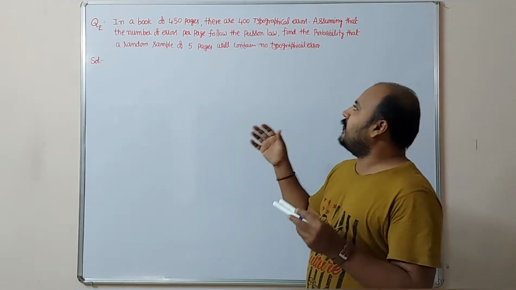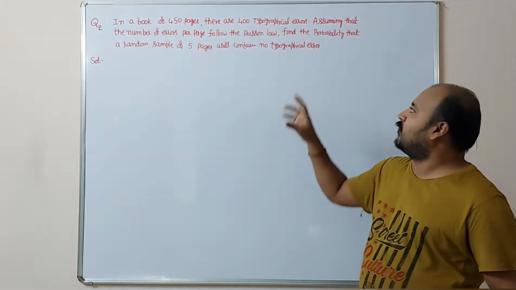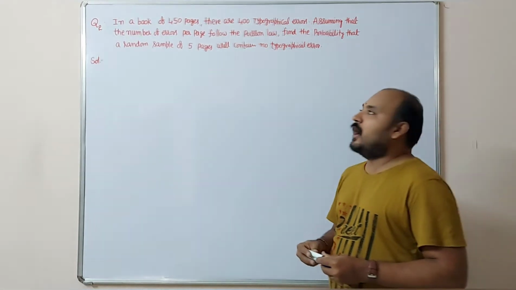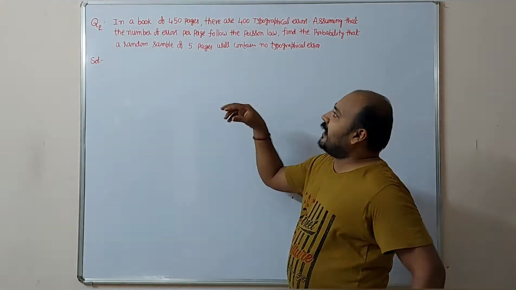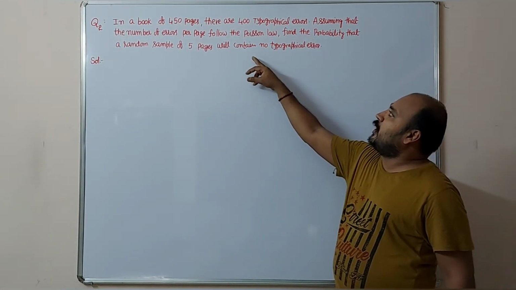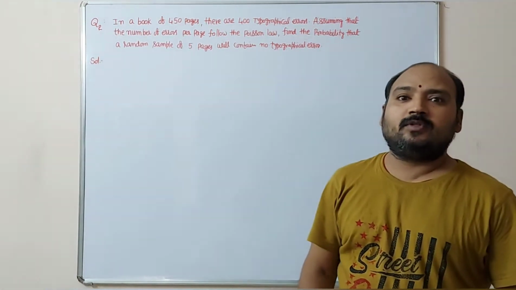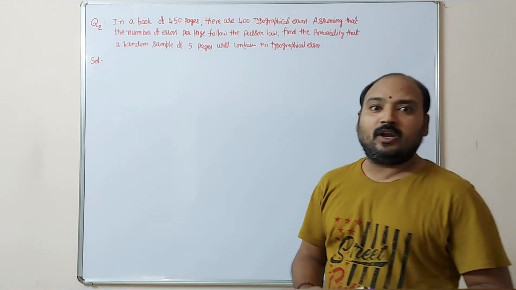So, given that it follows Poisson distribution, that means Poisson law, they are asking to calculate the probability that there will be no typographical error.